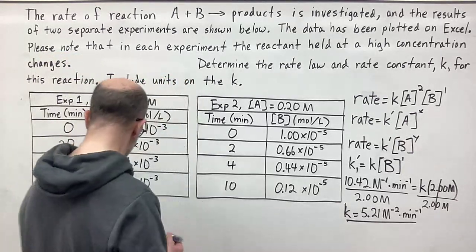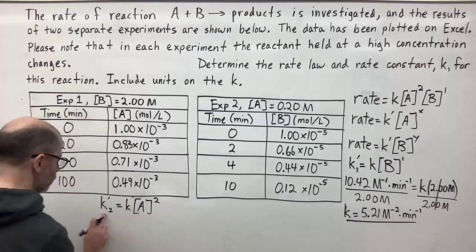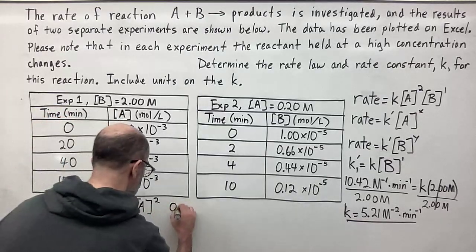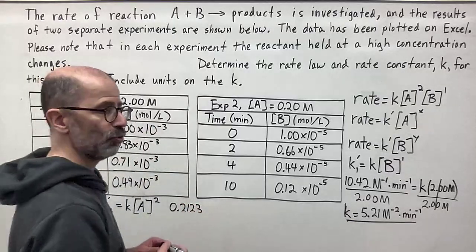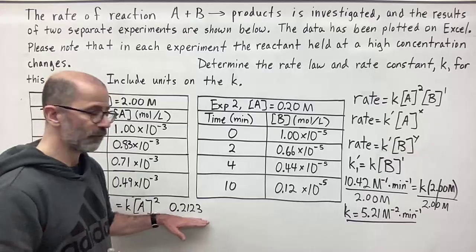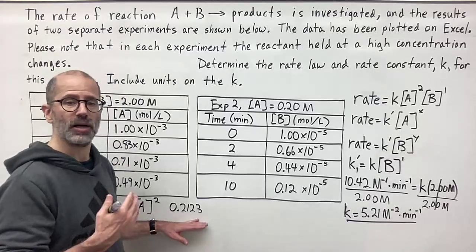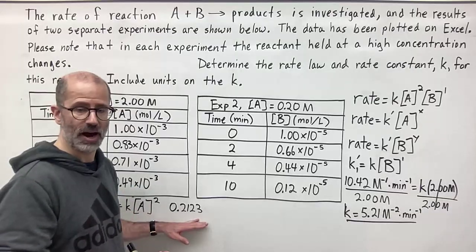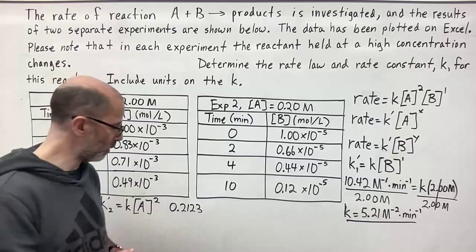So now we will just adjust that. So here, K2 is going to be 0.2123, and the units for the first order reaction in the slope is actually just 1 over time, or in this case 1 over minutes, or minutes to the negative 1 power.